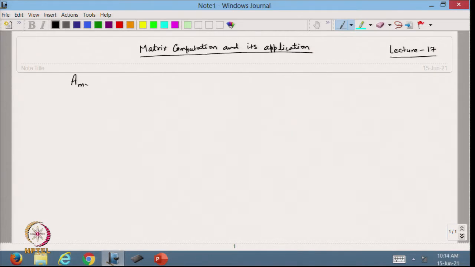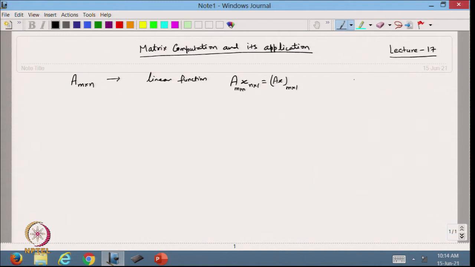In the previous lecture we discussed that suppose we have a matrix A of order m cross n, and from here we can define a linear function Ax, where A is m cross n and x is a vector from n cross 1, and after getting this value it becomes m cross 1.